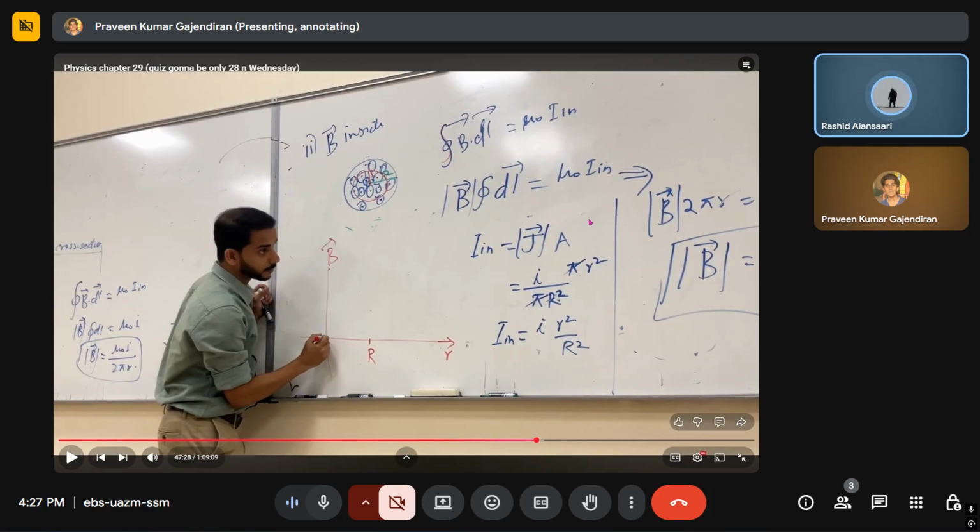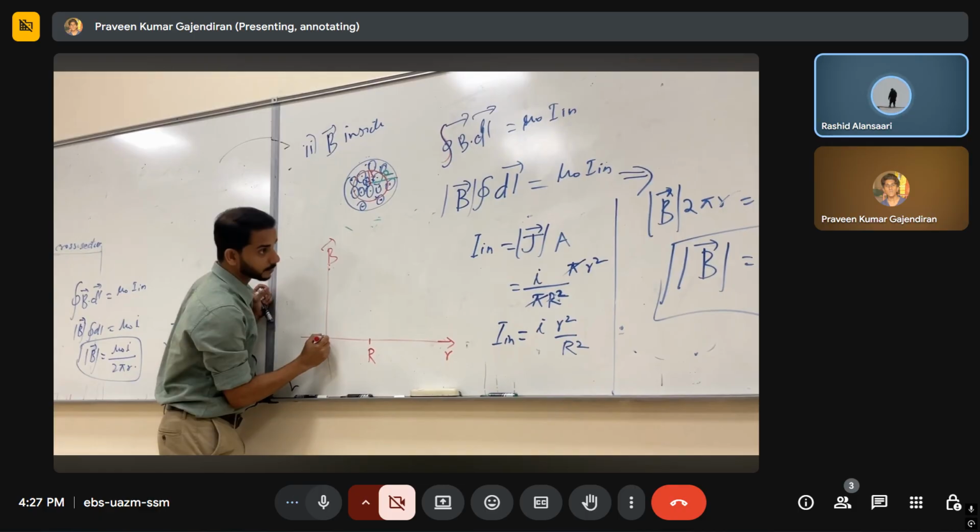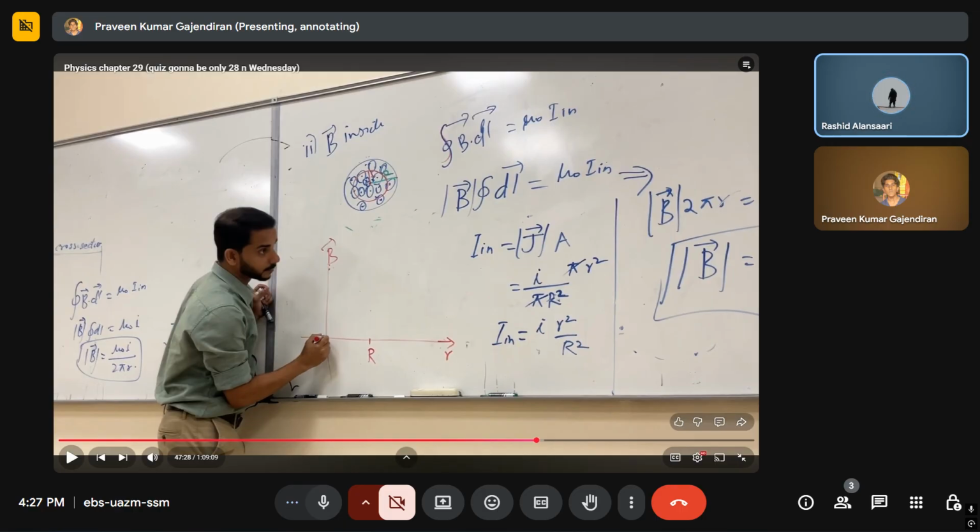He stopped at B 2 pi r. He first took the integration of dl, which is the circumference, and a circle is 2 pi r, right? And then he equated it to mu0 I enclosed. I enclosed is r squared over R squared.